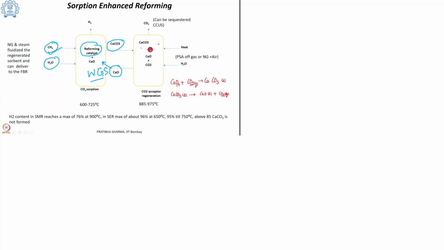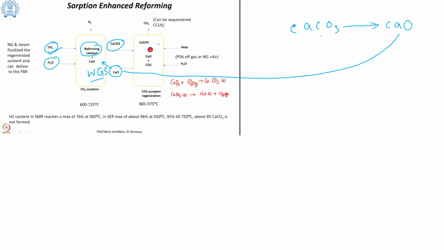This CaCO3 is regenerated in another chamber. The regeneration means the CaCO3 will regenerate and again produce CaO, and this CaO is used again in the reacting chamber or reforming chamber.